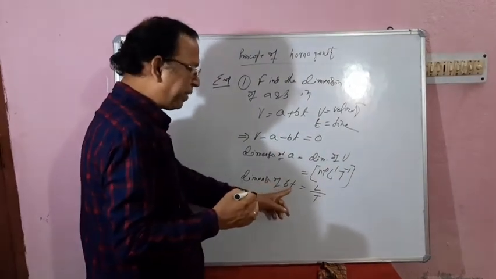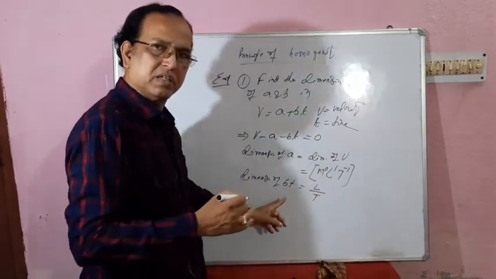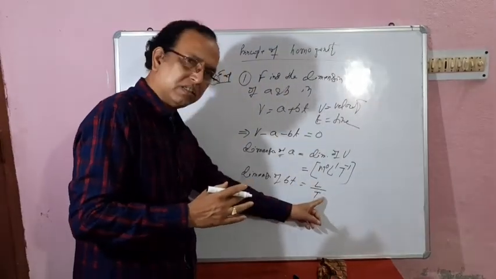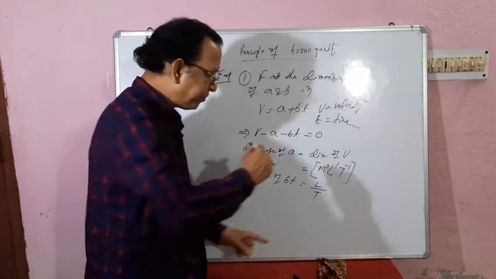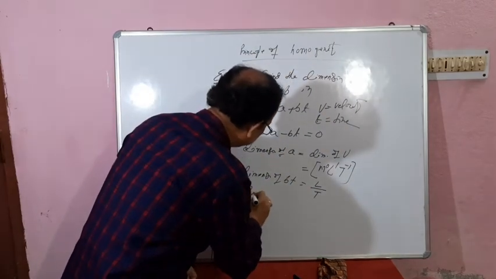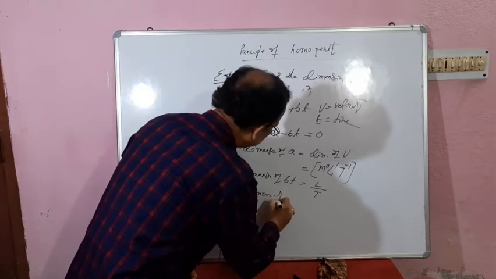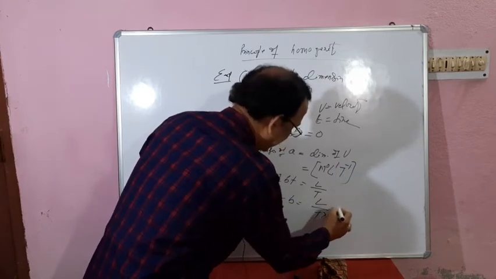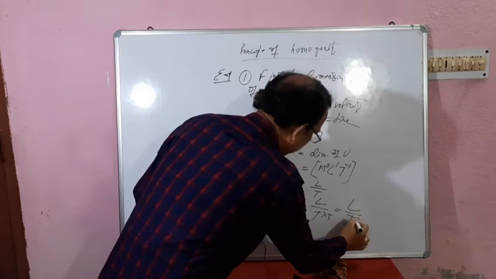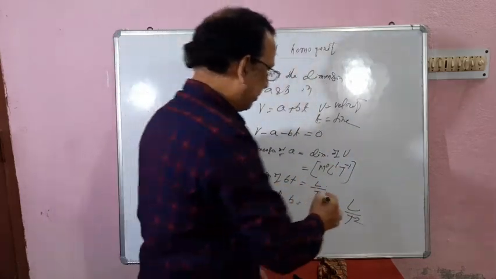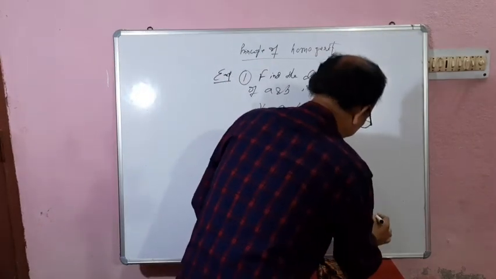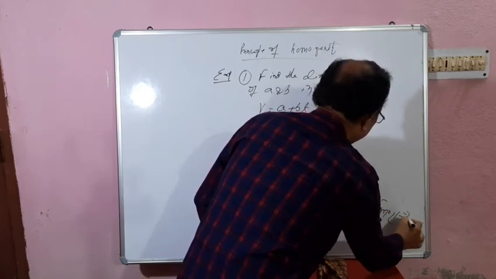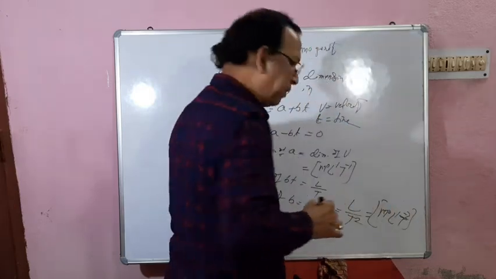So dimension of Bt is L by T. Dimension of B means, dividing by t, L by T into 1 by T. So dimension of B is equal to L by T square, that is M0 L1 T minus 2.